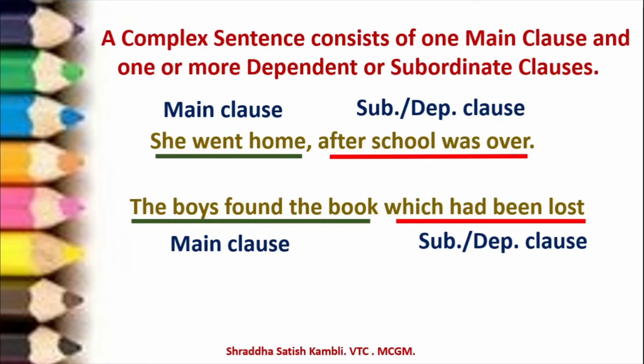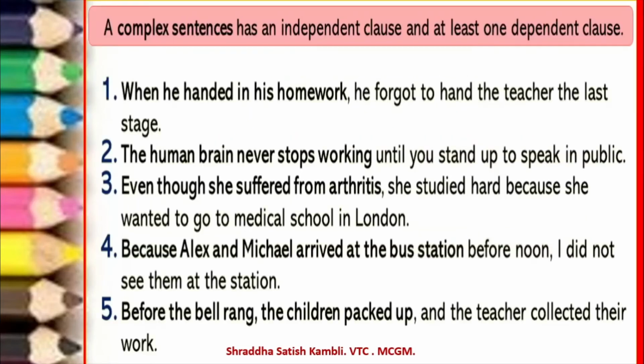So this is the meaning of a complex sentence along with some examples from your textbook. Now for simple sentences, we do not take many examples, because when we talk about compound sentences, we will see many examples of simple sentences, because all main clauses are simple sentences only. Let us move on and look at some examples now.